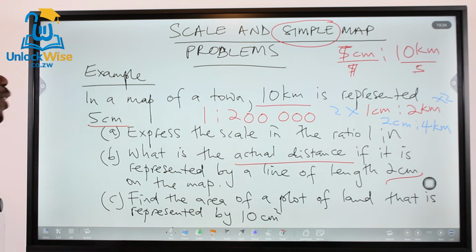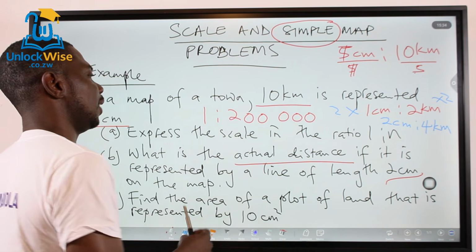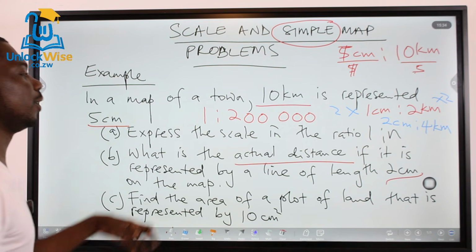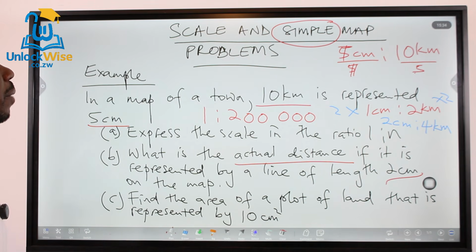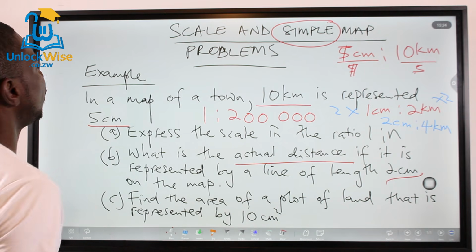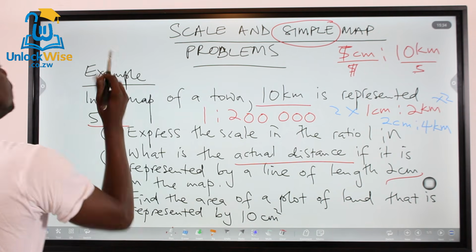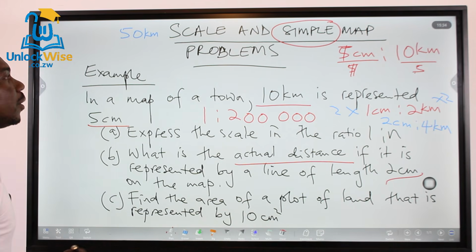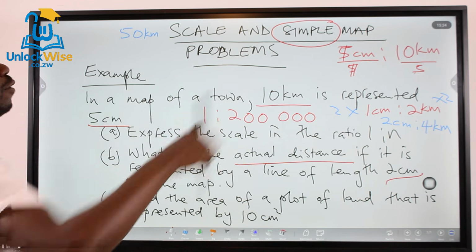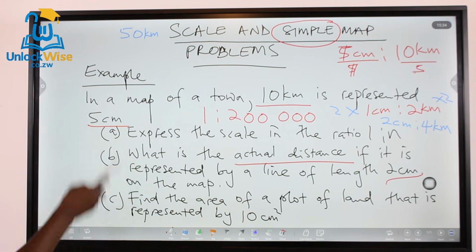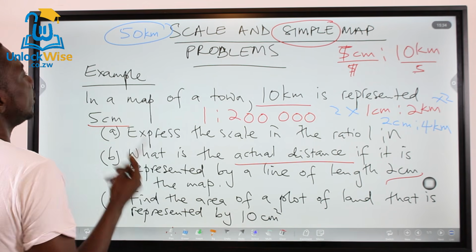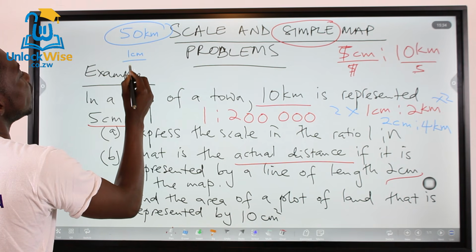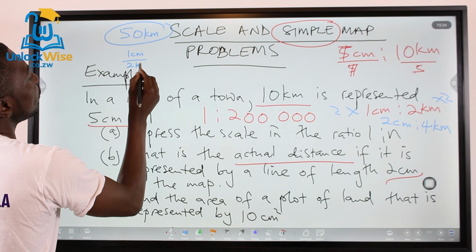And sometimes you can even be asked the length on a map given the actual distance, right? Maybe you can be asked to tell us what would be the distance on the map if 2 points are 50 kilometers away from each other. So you just take your 50, right? 1 centimeter is representing 2 kilometers.